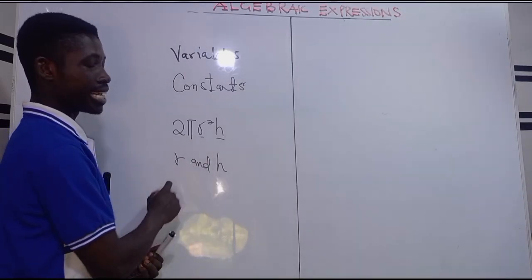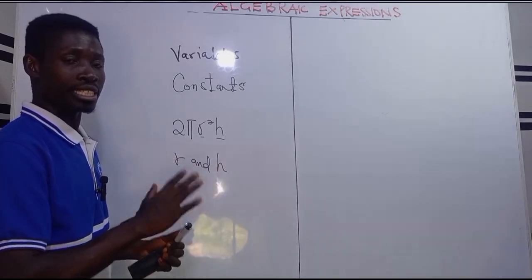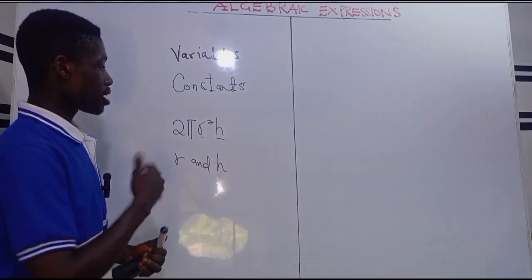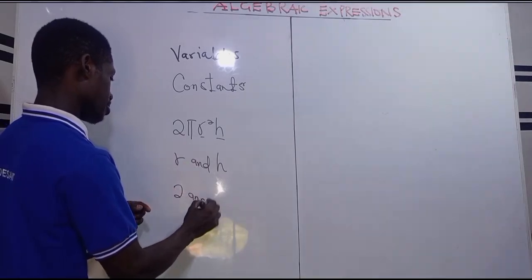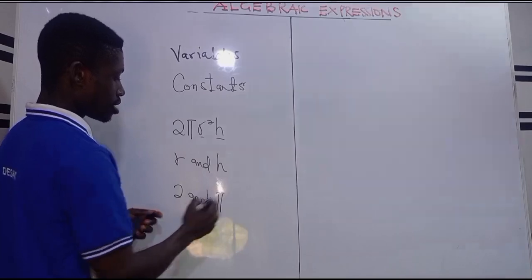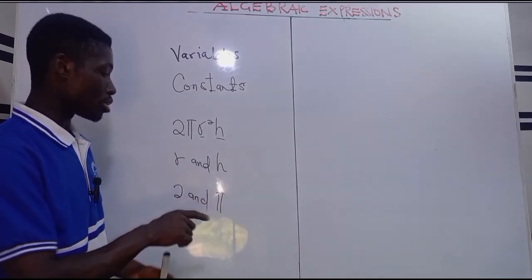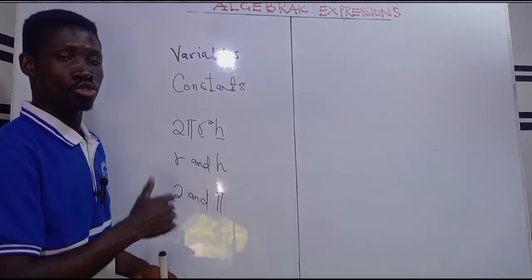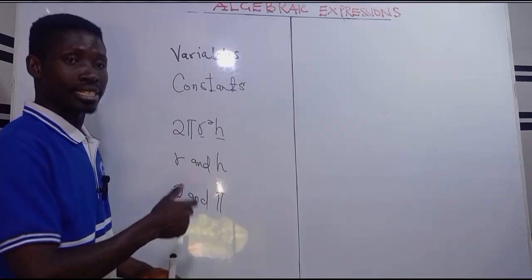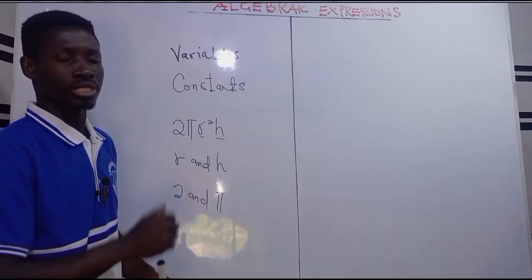So we call r and h variables because their values can be changed at any moment in time. Now looking at 2 and pi, 2 and pi are called constants because they have fixed values. Their values cannot be changed. 2 is 2 and pi is still pi. So we call these 2 and pi constants.